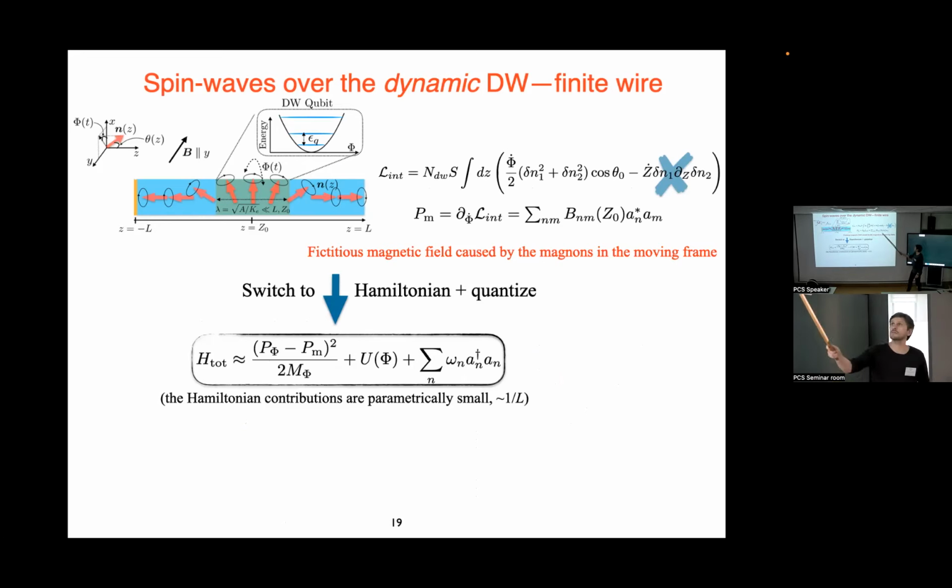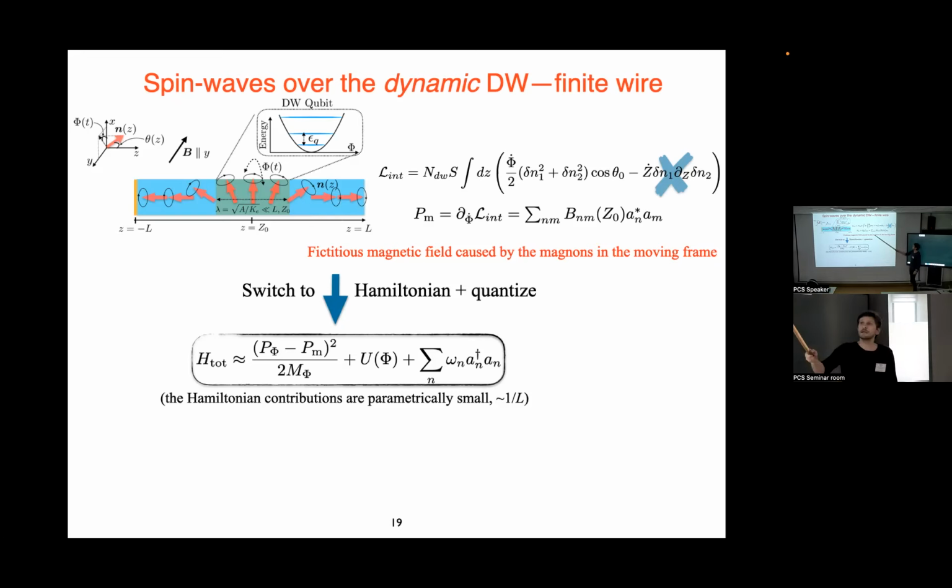Basically there is one term, phi dot, that couples to the magnons and one to the motion. But because it's spin, we forget about this. So this is nothing but solving the problem in the rotating frame, and the magnons just act as some effective magnetic field on the domain wall. So that's what this term tells you about.